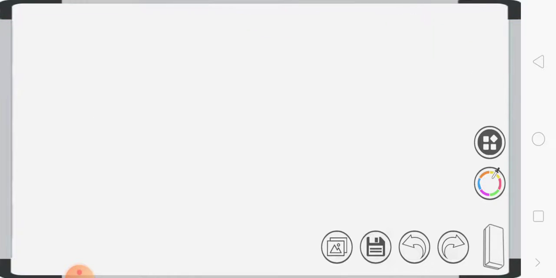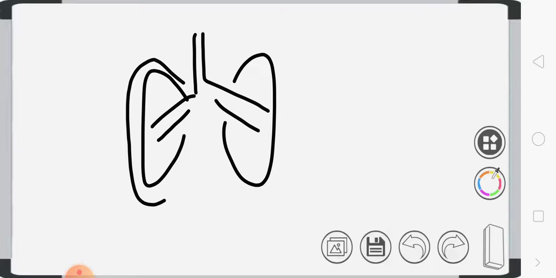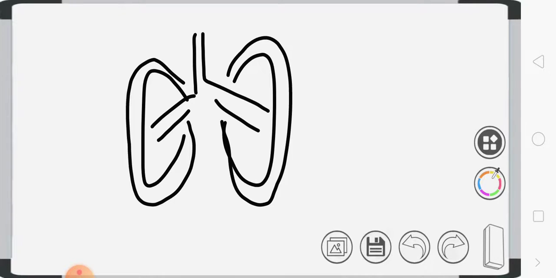Okay, so let me do this again. You have the lungs here, you have the rib cage which is held by the intercostal muscles, and you have the diaphragm. When the diaphragm contracts, it becomes flat.